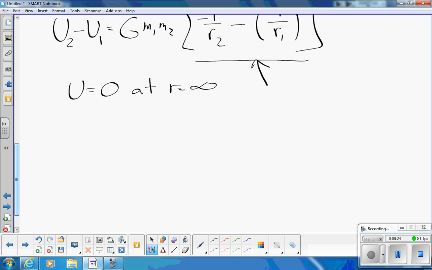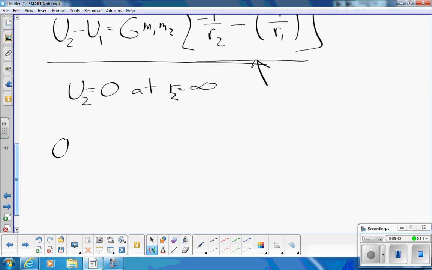And I'm going to now make the position r2 not just some distance away, but at an infinite distance away. And so now I can sub into this last expression that I wrote. So I have u2 minus u1, but u2 is equal to 0.